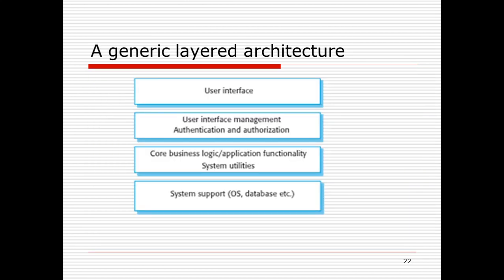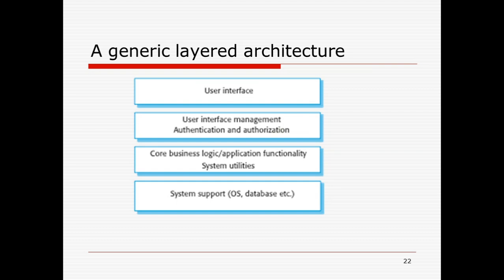This is a generic layered architecture. As you can see, there are four generic layers that the layered pattern can have. The uppermost layer is the user interface, which is the abstract medium through which the system interacts with the users. The second layer is user interface management, authentication and authorization.